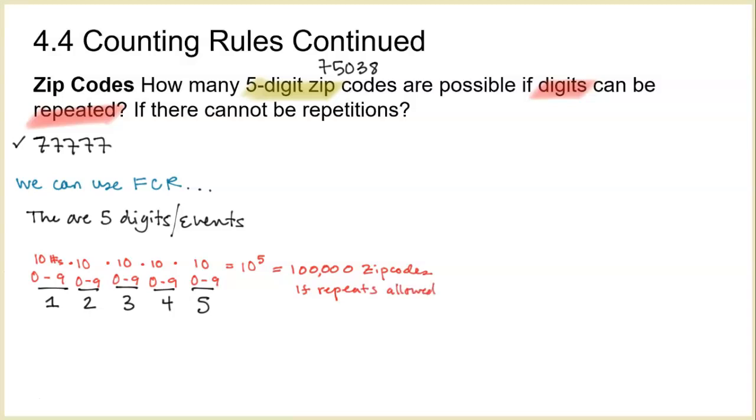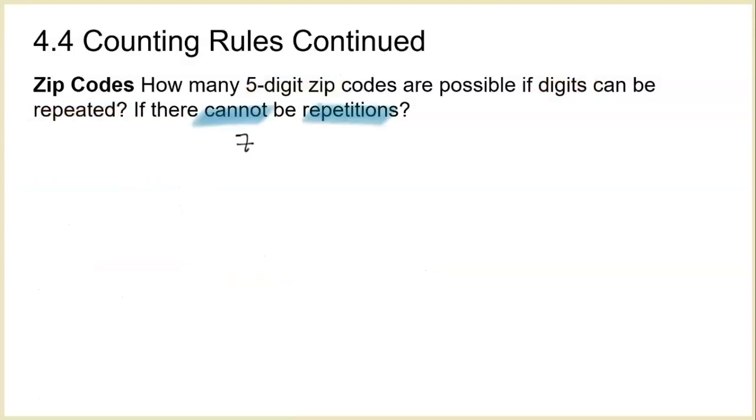So if we look at the other example, which is now we don't want to allow repeats, and still we have a zip code like North Lake College, 75038. So again, we can use the fundamental counting theorem. It's the same concept, except now we have some restrictions. Now the first digit really can be any number from 0 to 9, so we still have 10 options.